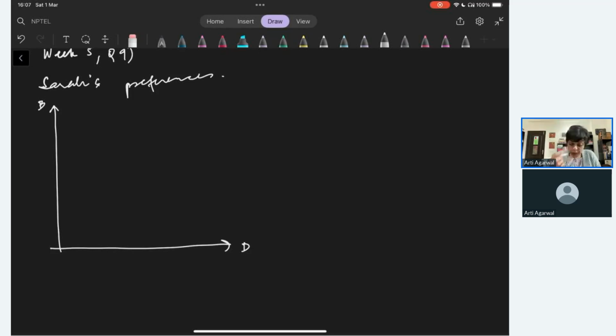Let me go to the question once again. So Sarah is foregoing butterscotch. Let me draw it as just a simple line. Here you have 2, and here you have 1. If I draw it like this, you can write the expression for MRS as minus delta y by delta x.